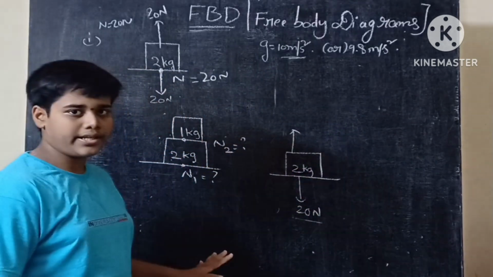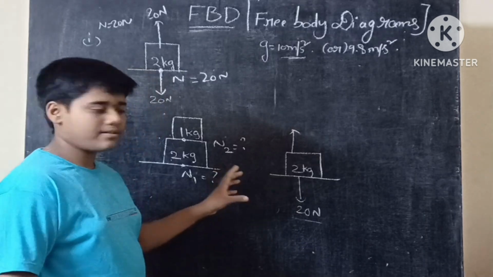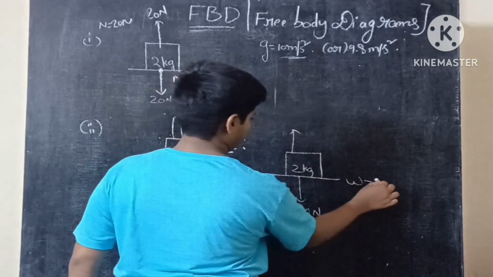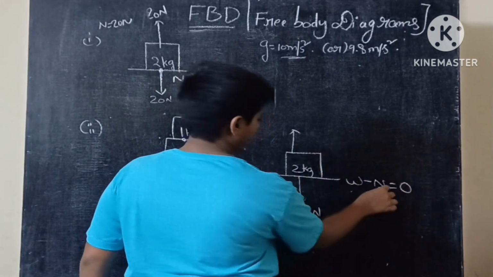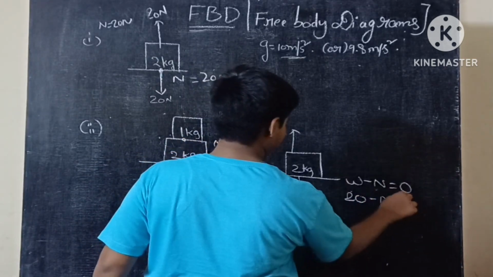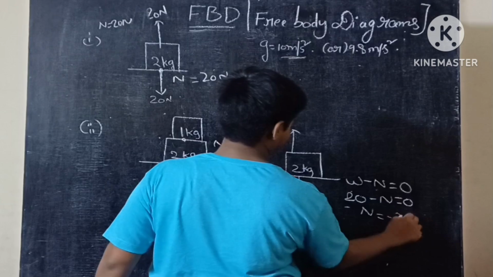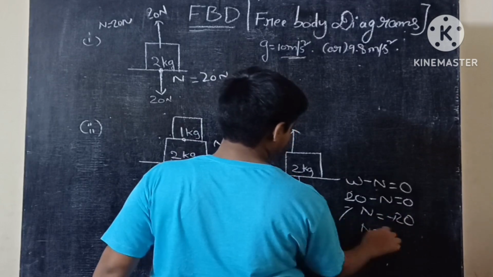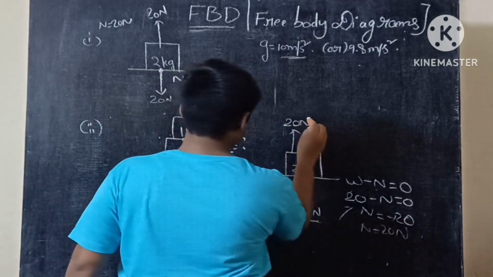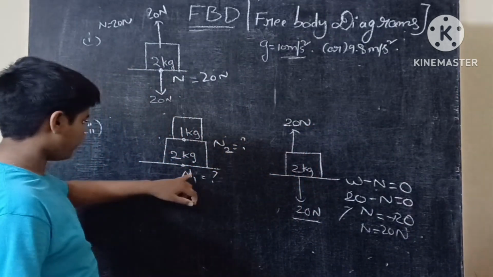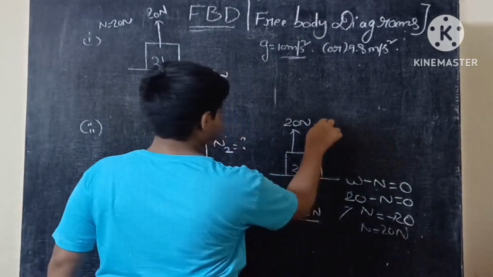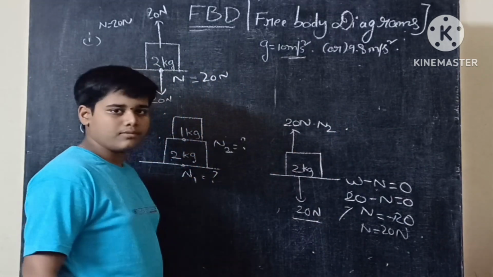First we isolate the body, which means we keep it at rest. So W minus N equals 0, weight minus normal equals 0, 20 minus N equals 0, N equals 20 newtons. Upwards 20 newtons, this is N2.